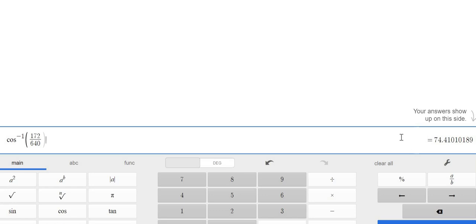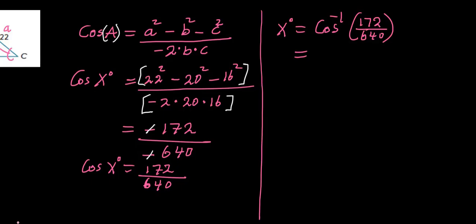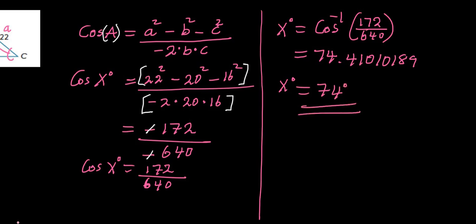So now we have 74.4101089. If we are going to write this to the nearest degree, x degrees will be equal to 74 degrees, and so this is the final answer.